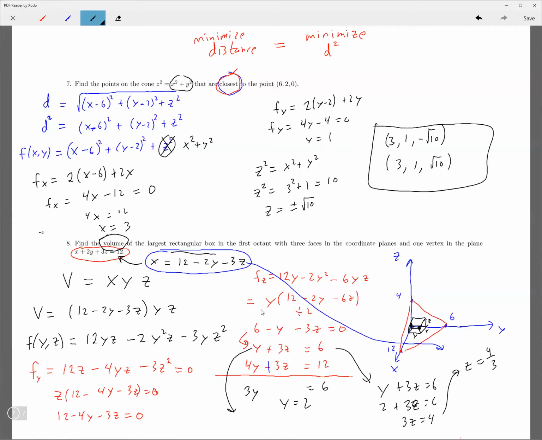Okay, so z is 4/3, and that means x is 12 minus 2y, that would be 4, minus 3z, so that's minus another 4. So x is 4. That means the volume is 4 times 2 times 4/3, which turns out to be 32/3.